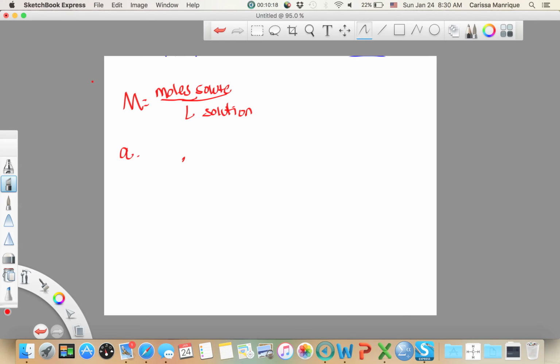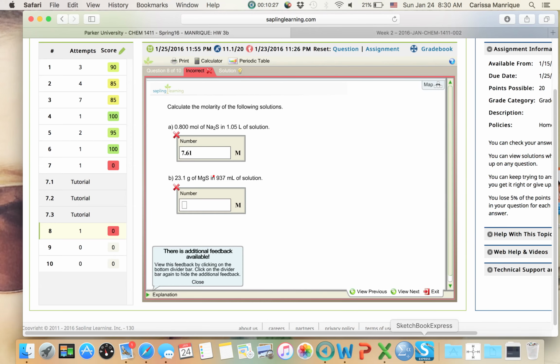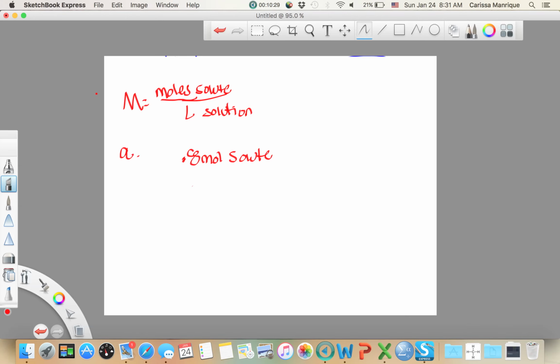It gave you 0.8 moles of solute and 1.05 liters. Okay, so you have your moles of solute, liters of solution, just plug it into that formula.